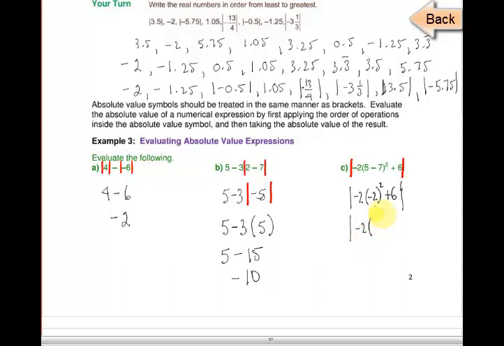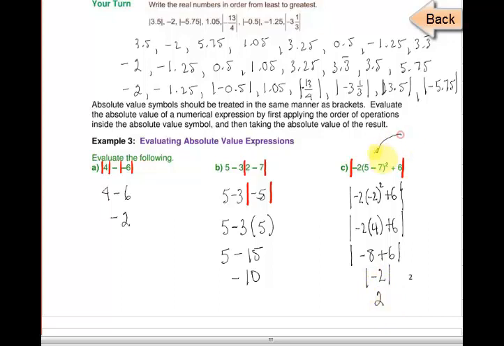-2 times, okay, -2 squared is 4, plus 6, absolute value sign, then absolute value sign, -2 times 4 is -8, plus 6, absolute value symbol, and then the absolute value of -2, because -8 plus 6 is -2, and then the absolute value of -2 is +2.